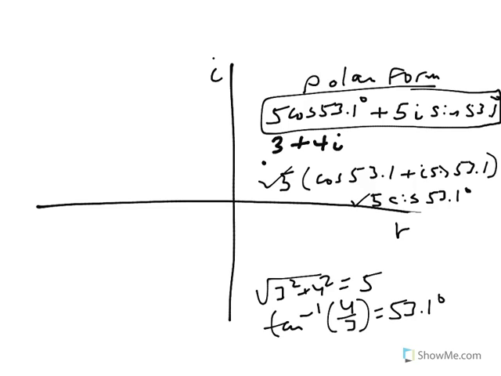Now I'm going to do this for two other points. One is going to be the point 5, 12, which is up here. Sorry, not 5, 12. 5 plus 12i. So 5 plus 12i, the r value for that one would be the square root of 5 squared plus 12 squared, which is 13.